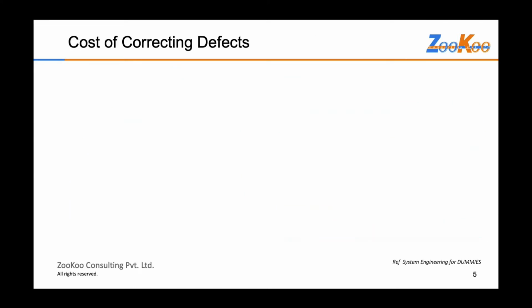I have picked up some data on correcting defects in normal development. When we are developing, if we are able to detect a defect in an early phase of development, then the cost would be very minor.